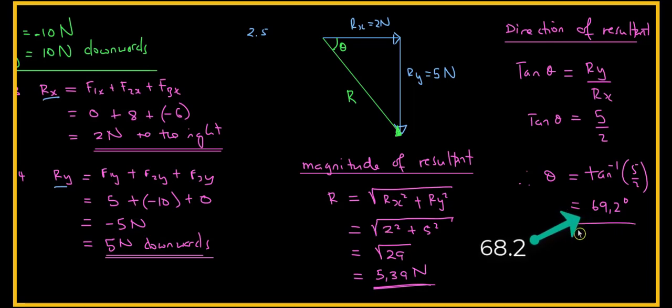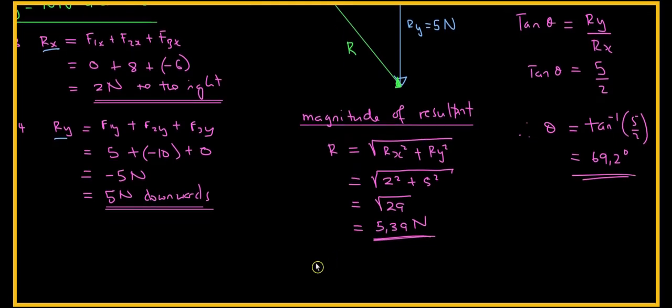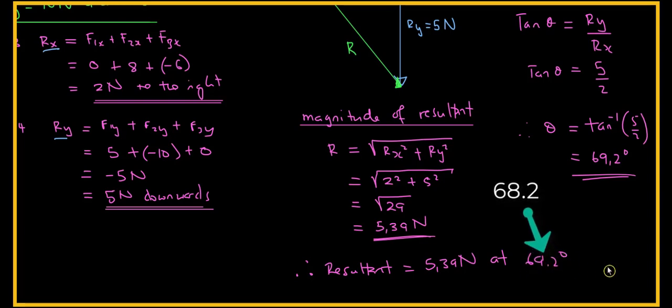Alright. This is the direction, this is the magnitude. So I then conclude and say, therefore, the resultant is equal to 5.39 newtons at 69.2 degrees from the horizontal.